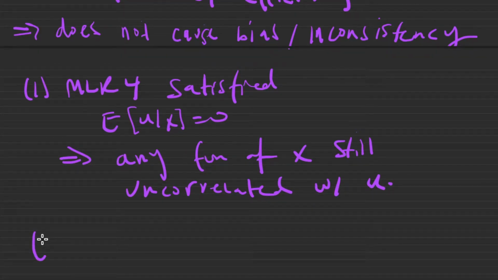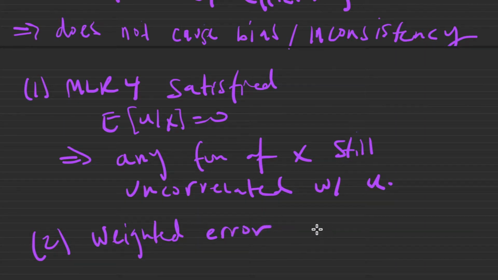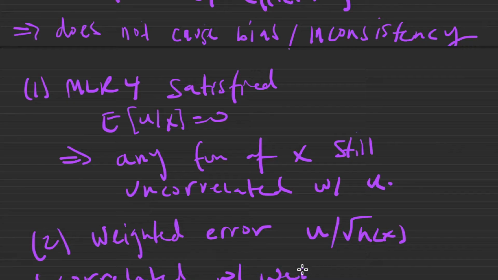This implies, 2, that the weighted error, which is u over square root of h of x, is uncorrelated with the weighted regressors, and our weighted regressors are the xj over square root of h of x.